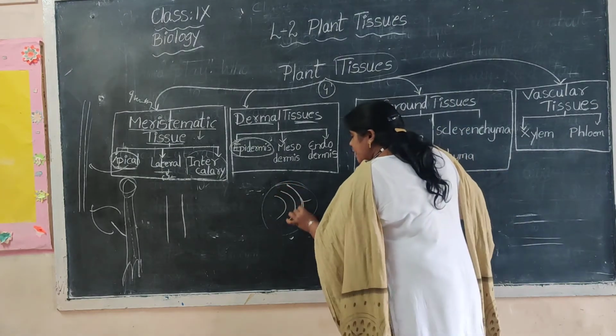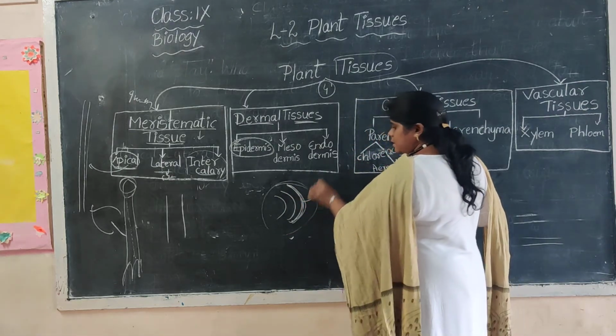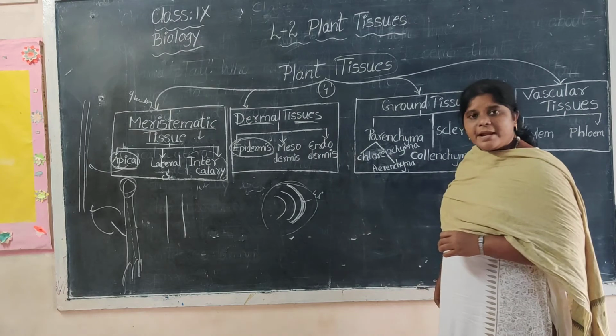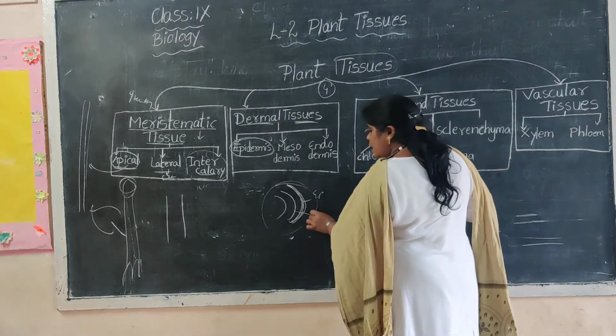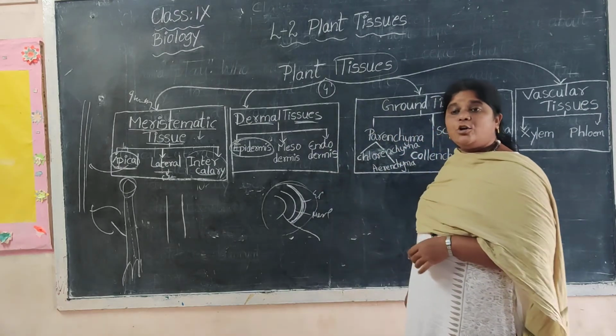The outermost layer, which is protecting like a bark, is called epidermis. The middle one is called mesodermis, and the innermost layer is called endodermis.